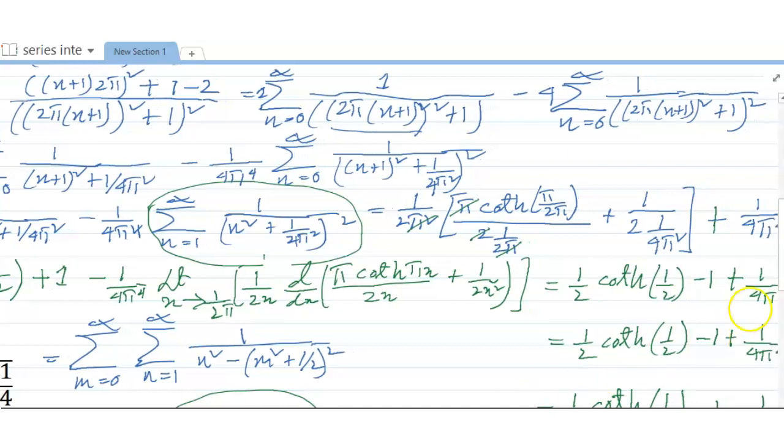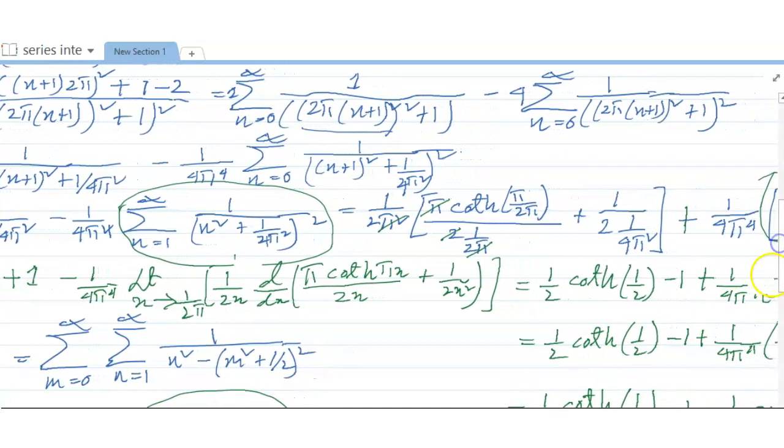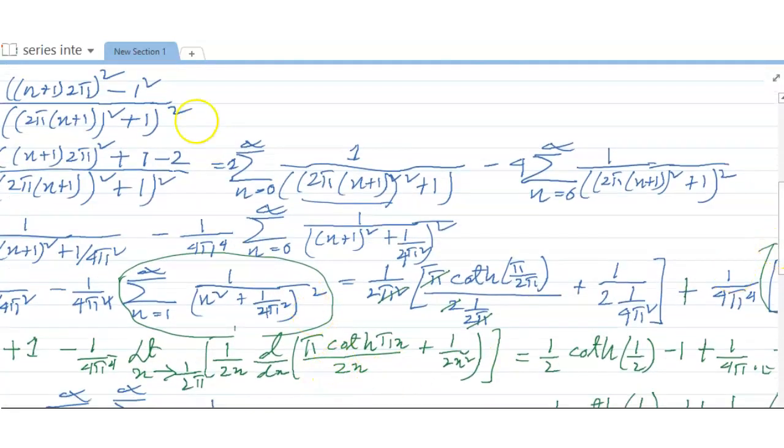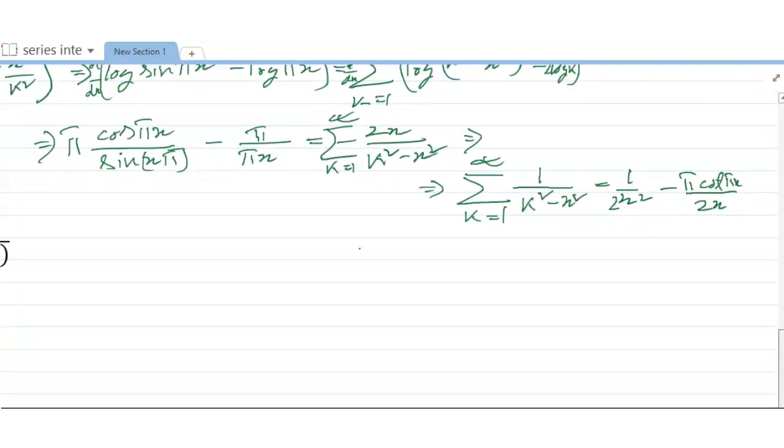Here you will see that I apply this formula: divided by pi into coth pi x divided by 1 plus 2x square. So this is the formula.